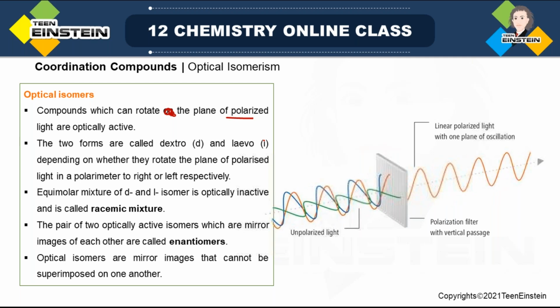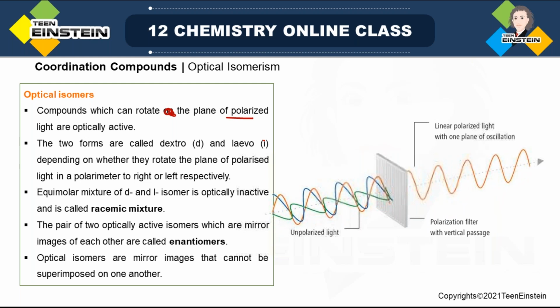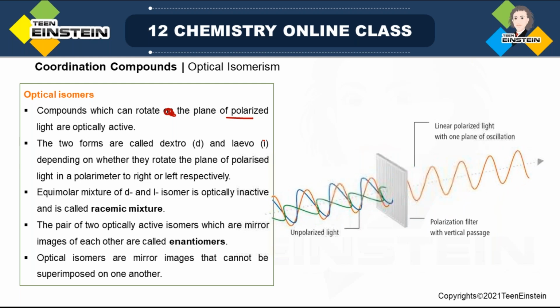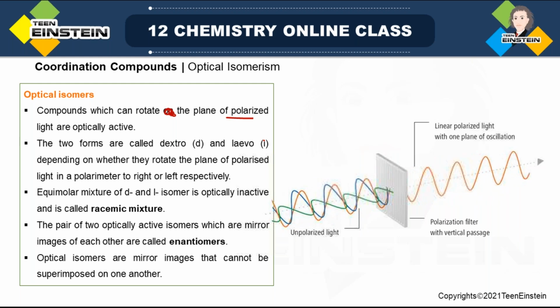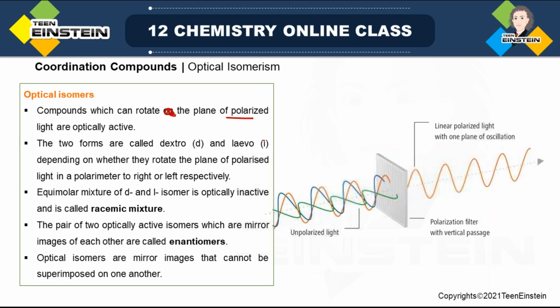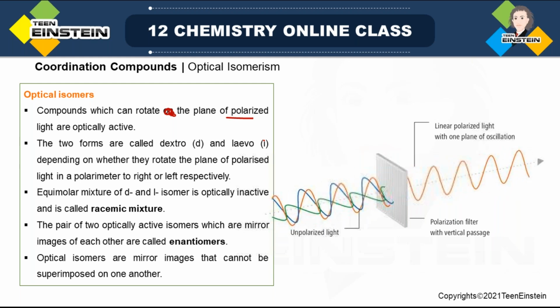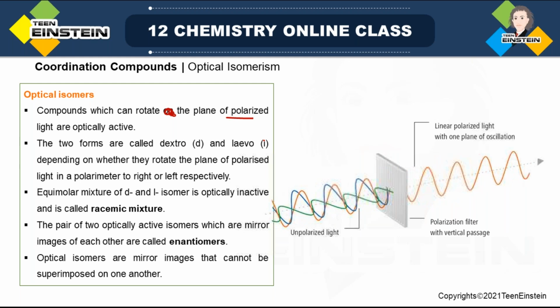The green one is perpendicular to the plane of the screen, the orange one is directly on the screen, and blue is in between. This type of light, when there is no fixed plane and a mixture of planes is present, is unpolarized light.